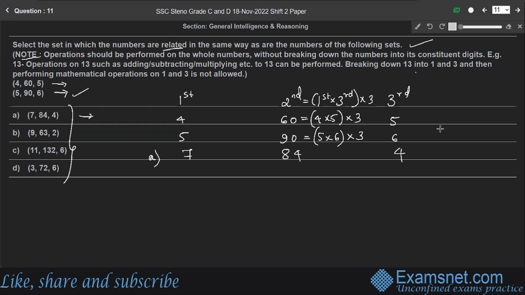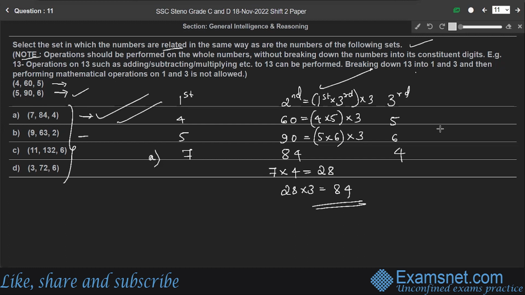To verify this, we'll consider product of first and third number, which is 28, and 28 into 3 is equal to 84. Therefore, option A follows the same logic of the given two sets, in which second number is equal to product of first and third number into 3. Option A is the right answer.